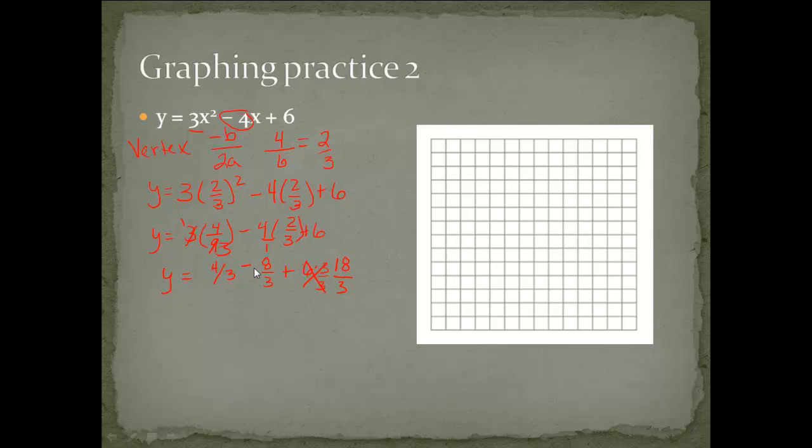So I'm going to have 4 minus 8, which is -4, plus 18 is 14. So I end up with 14/3. So my vertex is at the point 2/3, comma, 14/3. And I am going to use that to start my graph.